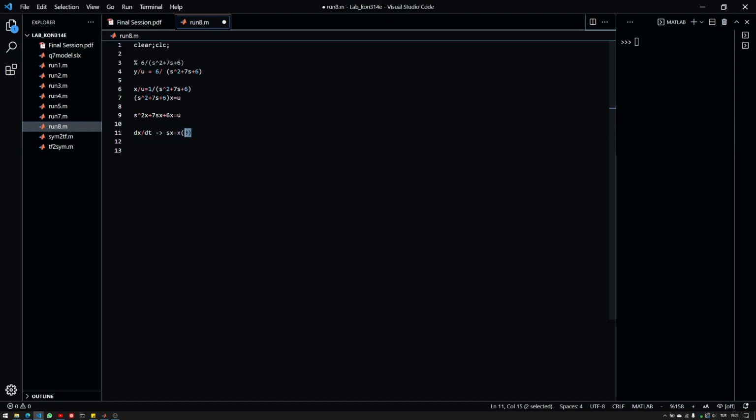So if you don't have any initial conditions, then it's just s times x. And if you do it twice, then you have the second derivative. If you do it 3 times, then you will have the third derivative, etc. So what this basically is, this is x double prime plus 7x prime plus 6x equals u. So this is basically the differential equation that we are looking at.